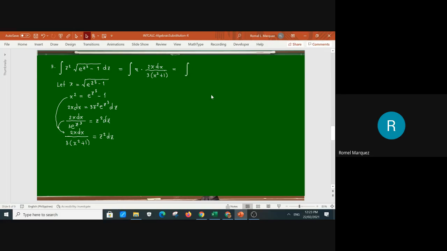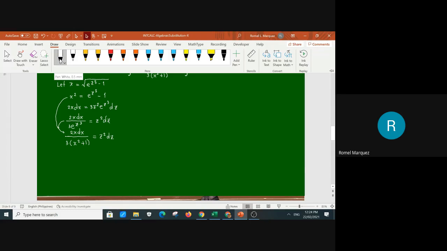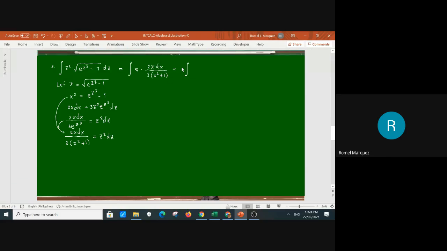So putting the 2/3 out, x times x is x squared, then dx over x squared plus 1. So this is now integration of a rational function.